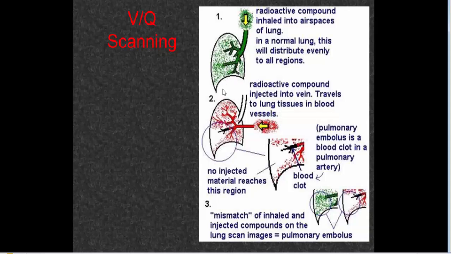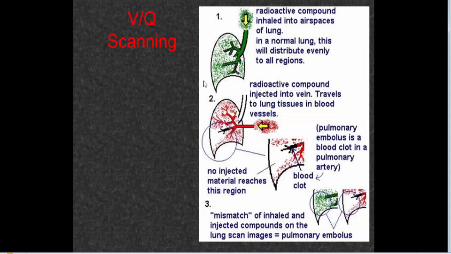The compound injected into a vein travels in the lung tissue through the blood vessels, so an area devoid of blood vasculature as a result of embolism, like here, does not receive the radioactive compound.